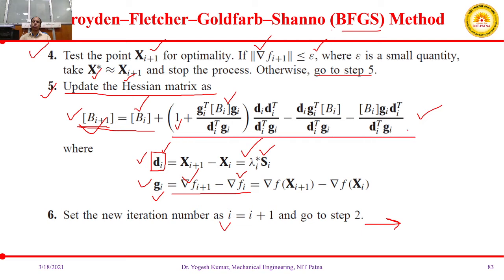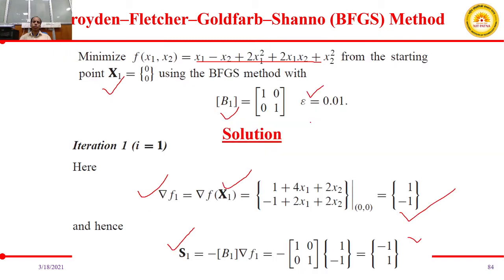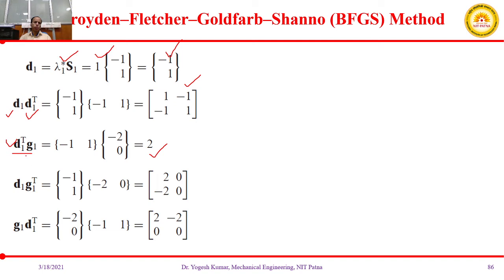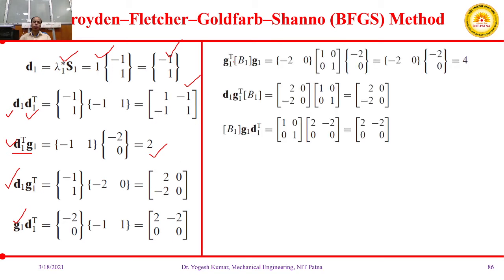So you need to calculate d1 into transpose of d1, then d1 into transpose of g1, then g1 into transpose of d1. After calculating all these terms, you need to calculate a few more terms.